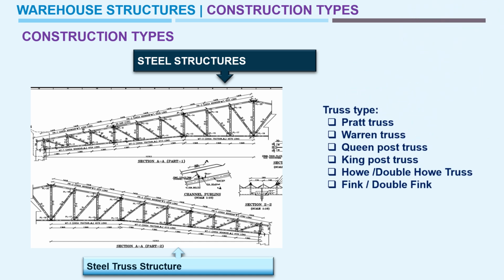Again in this truss type there are a few types listed here. Pratt type truss, Warren truss, queen post truss and king post truss are the major usage in most warehouse construction. And Howe or double Howe truss is generally used for large span trusses where there is no intermediate support.